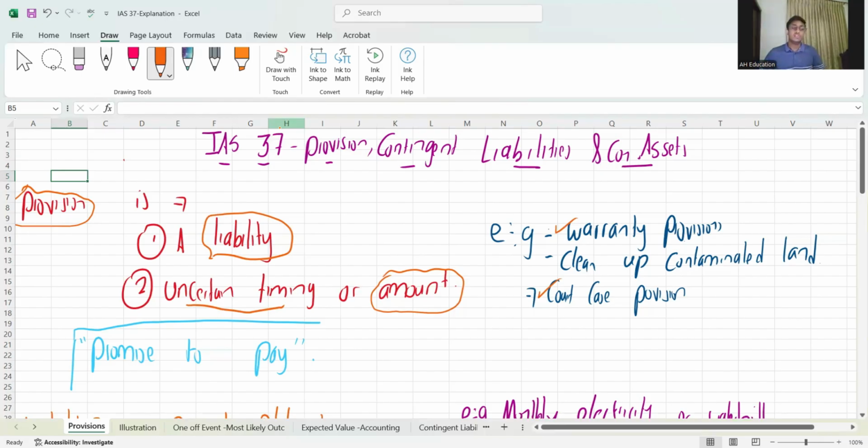So that is what we mean by provision. A provision is a liability, but the difference is we cannot exactly tell how much I need to pay or over how long I will be able to pay.